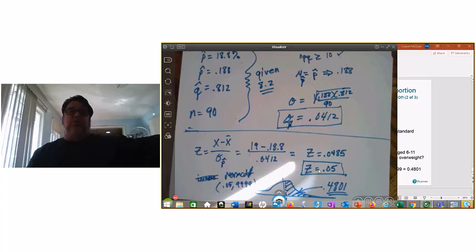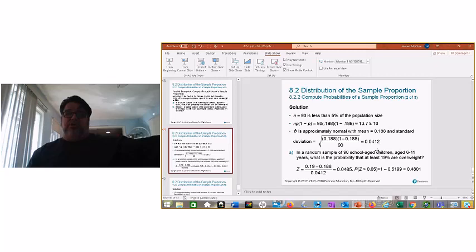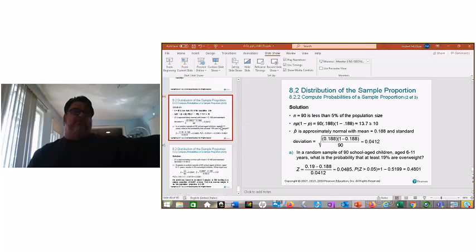Get your new z-score and go from there to infinity, or from negative 9999 to 0.05, depending on if they're asking less than or more than. At least means your lowest number is 19, so that means above. Okay? And that's the 2 type questions I would ask you on homework or test.